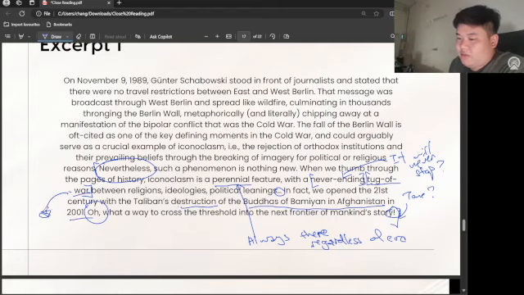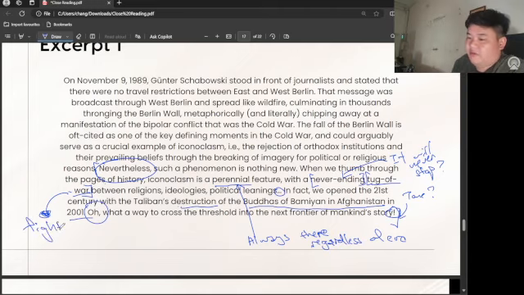Tug of war is a sort of game or sport, and if you have seen Squid Game, you should know, where they fight to get the flag over a particular point. You have two teams. So if we describe this thing as a never-ending tug of war between religions, ideologies, and political leanings, that means different religions will always fight with each other.